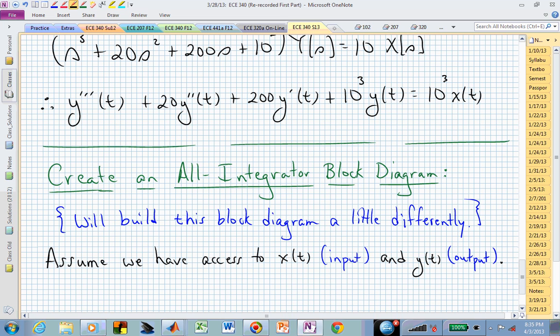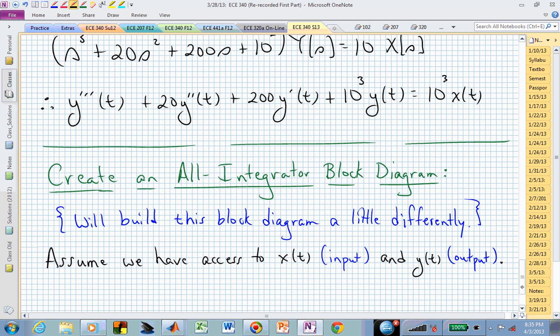Since this is a third order differential equation, our block diagram should end up with 3 integrators that are interconnected in such a way that if we injected the input signal x of t into the input of that block diagram, out will come the output y of t that satisfies this governing differential equation.